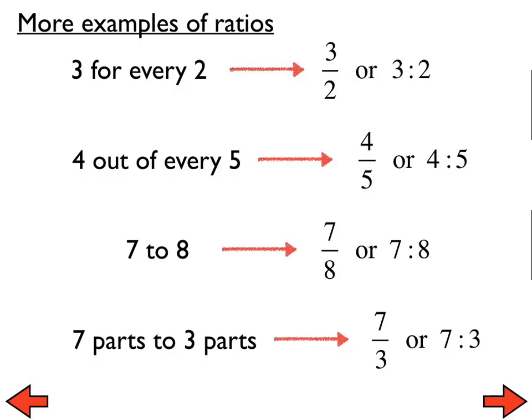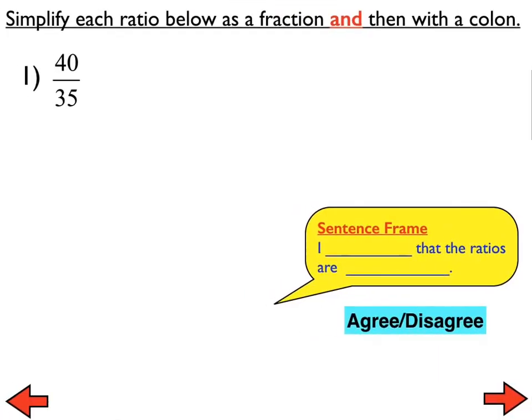So now let's look at the true number 1 on your notes. So far, everything I've given you has been simplified form, right? You didn't have to reduce anything. If it's not simplified, like number 1, you do have to write it in simplest form. So this 40/35, you would first divide top and bottom by 5, so you get 8/7. Now look back at the definition of ratio. Look on your notes.